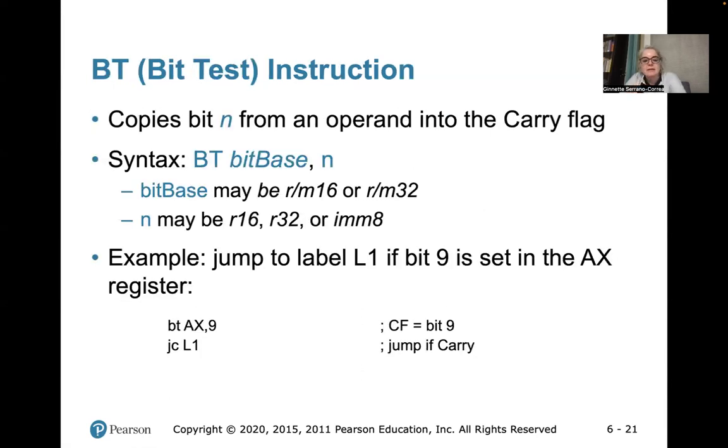And then the last instruction that we're going to look at is the bit test instruction. BT is the mnemonic. You have the bit base, comma, and N. It copies bit N, which is going to be a number, from an operand into the carry flag.